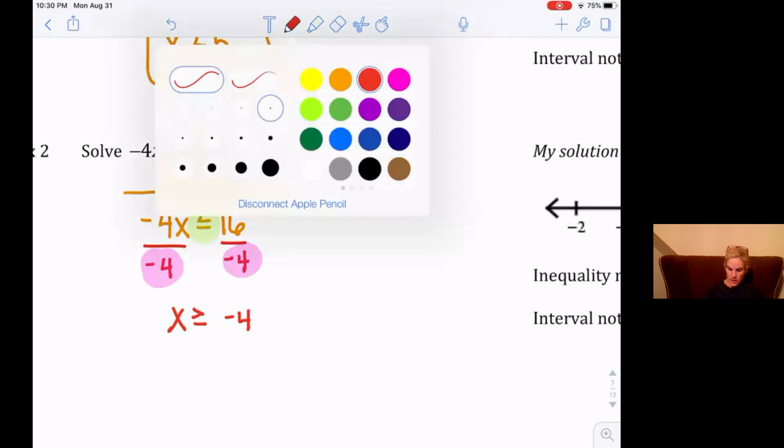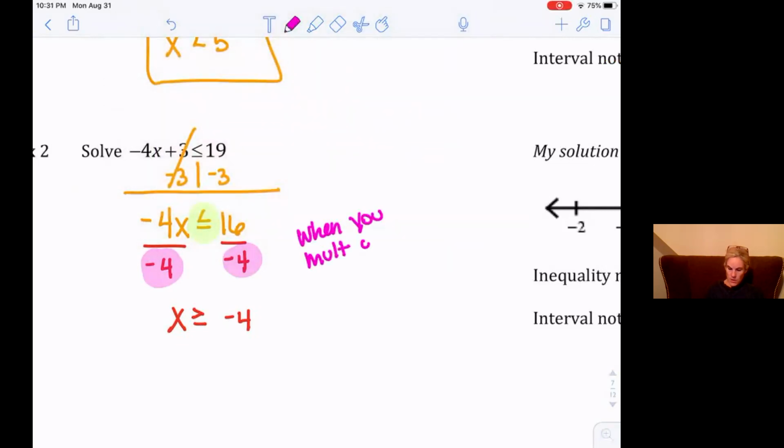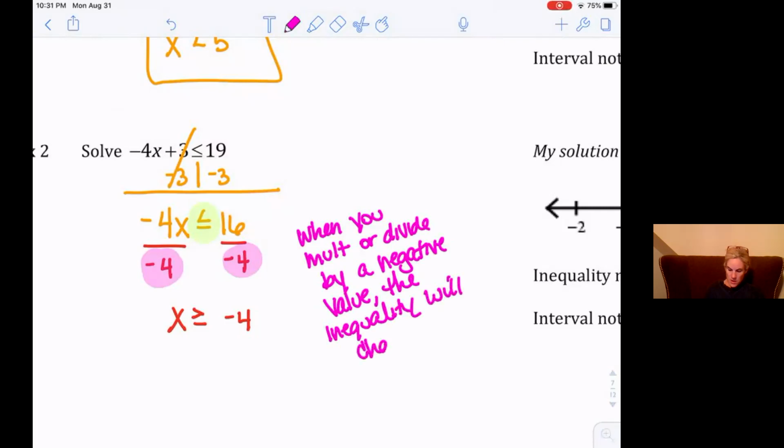So let's make a note here that says when you multiply or divide by a negative value, okay, so when you multiply or divide by a negative value, the inequality symbol is going to change direction.